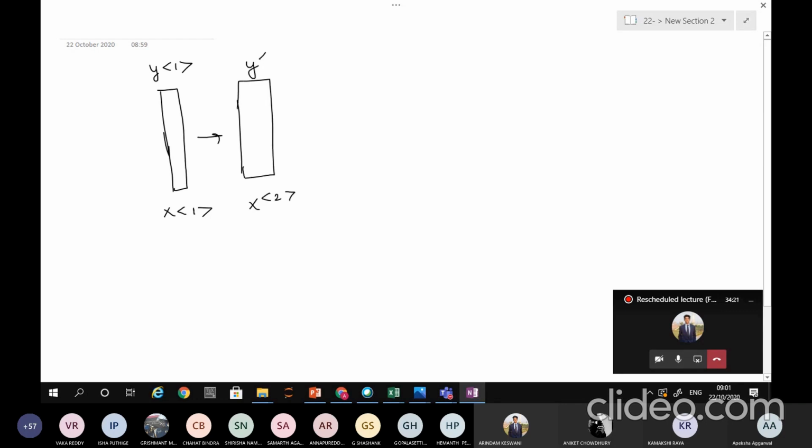Now let us have a look at the architecture. So this is my first word and my first output. Then I have the second word x2 and my second output.